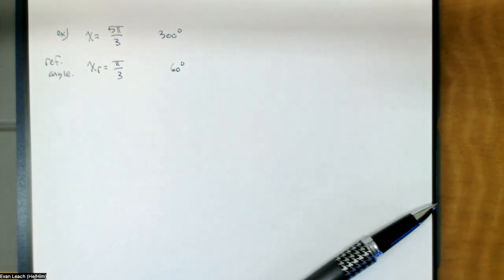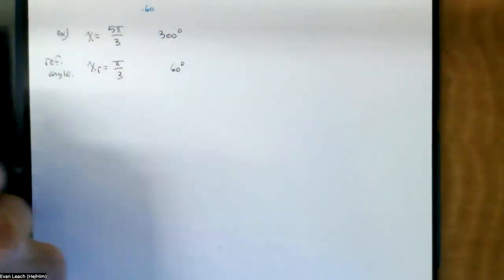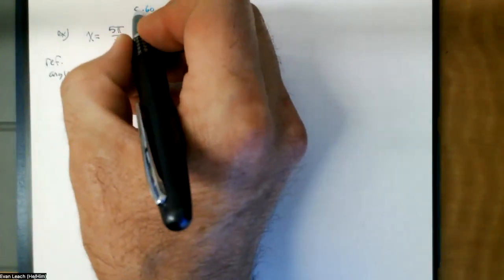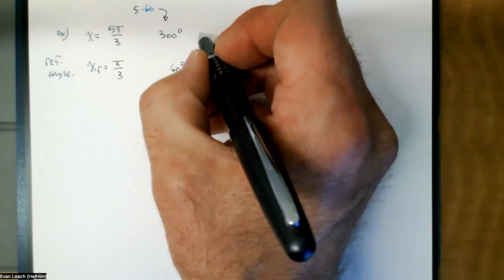Pi over 3 is the same as 60. If I've got 5 pi over 3, that's 5 60s. So that is 300. 5 times 60 is 300. And let's see, we are in quadrant 4.